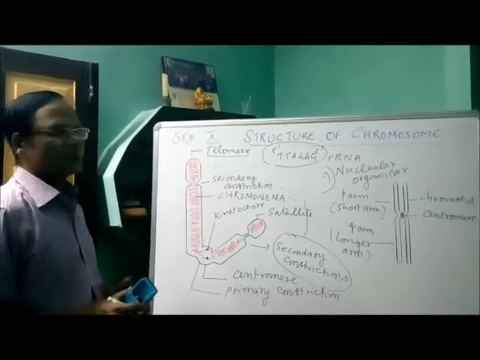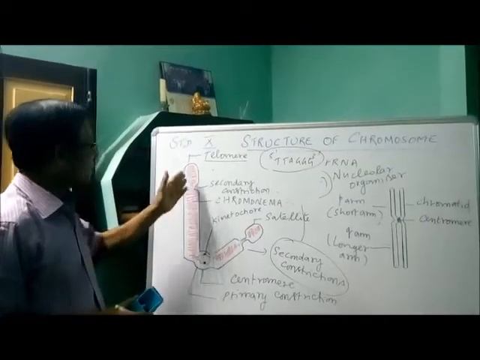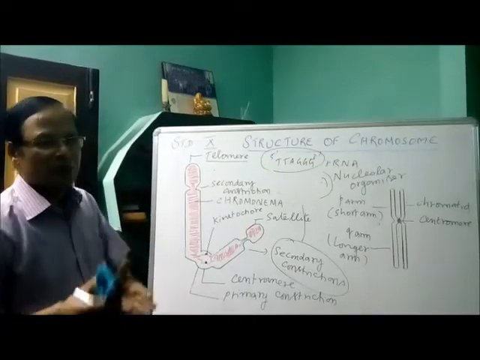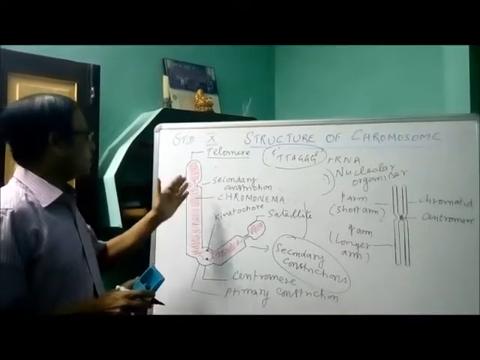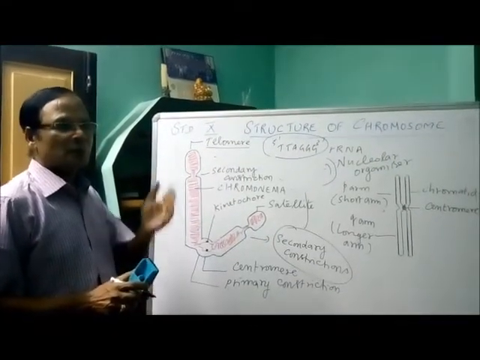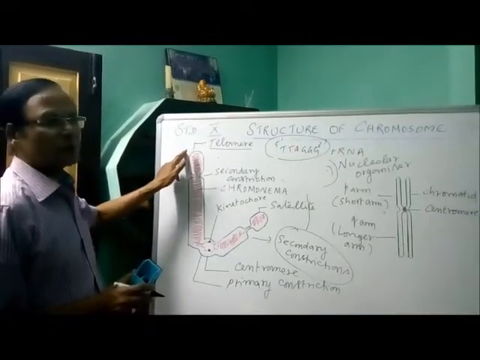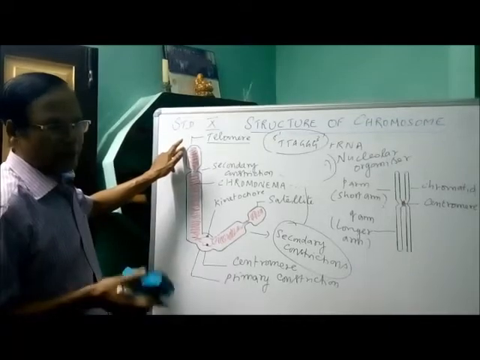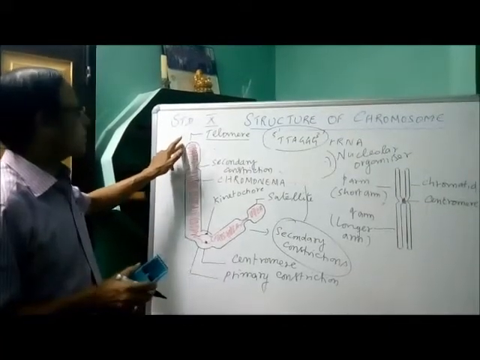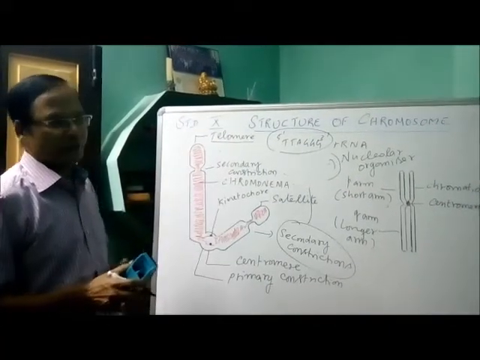What is its function? It prevents the attachment of the chromosome to the adjacent chromosomes. It provides stability to the chromosomes so that one chromosome may not attach itself to another chromosome. This is because of the presence of telomere.